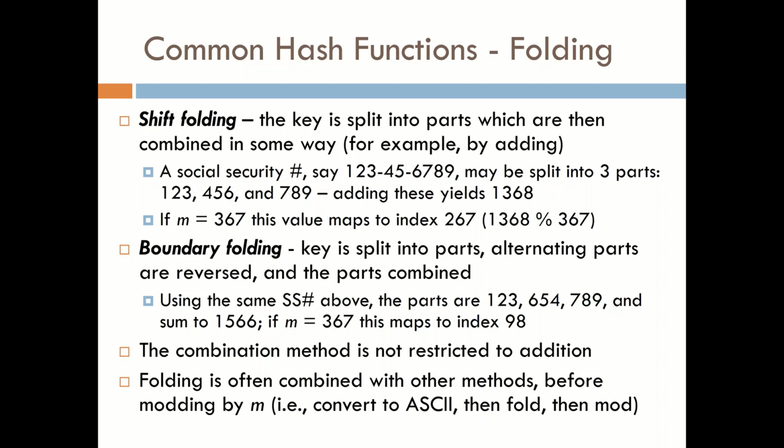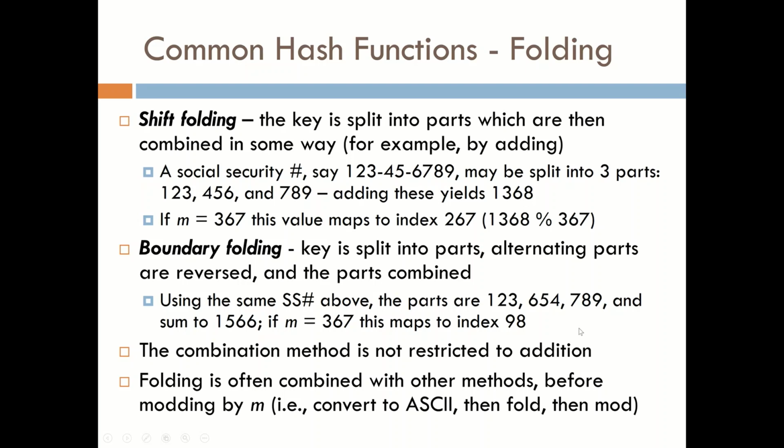The sum in this case is 1566, and if we mod it by M, our table size of 367, this data would store to a different location. This social security number would store to index location 98 in the array, rather than index location 267 if we just applied basic shift folding.